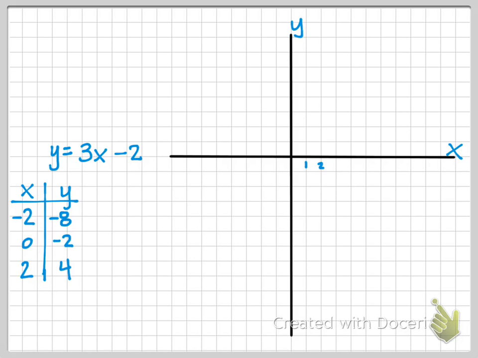So we're going to have positive numbers here. Negative numbers down here. Negative numbers over here. And positive numbers on top.